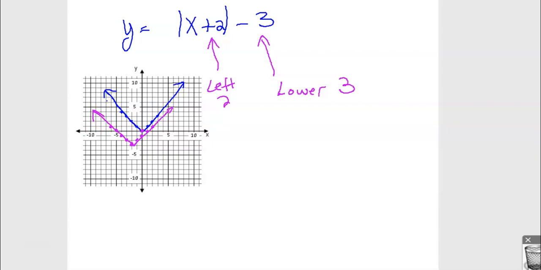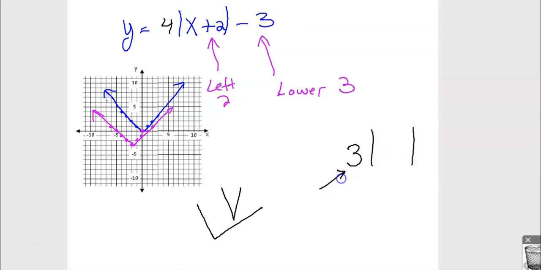And by the way, if I put a number on the outside, like 4 out here, then it's going to be growing 4 times quicker. So it would still be a V-looking shape, but it would be a thinner V. It would be more like this instead of a wider V. If I have a number out front with the absolute value, if this number is bigger than 1, then it's growing quicker.